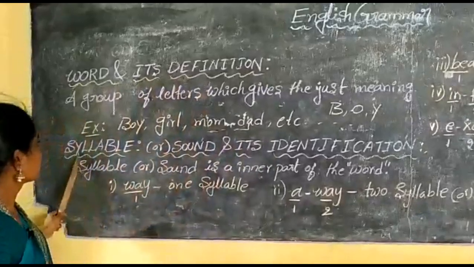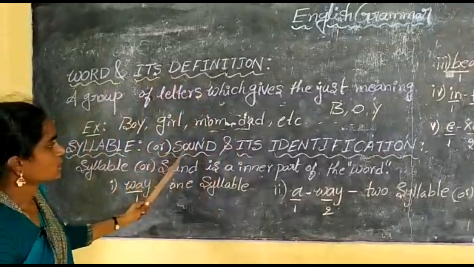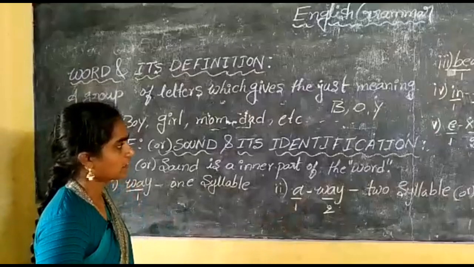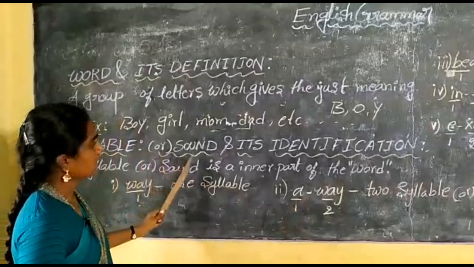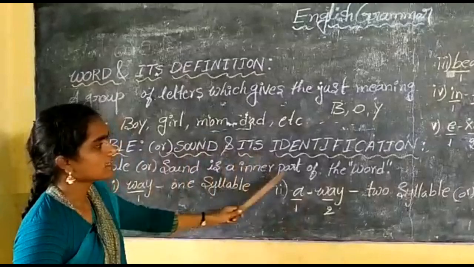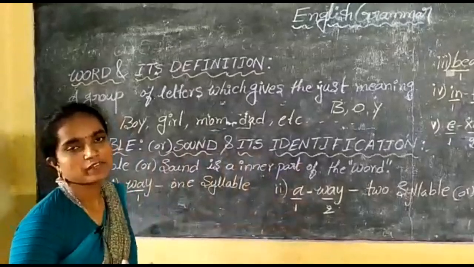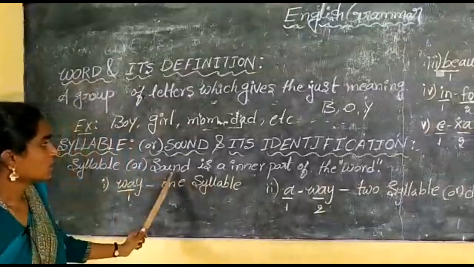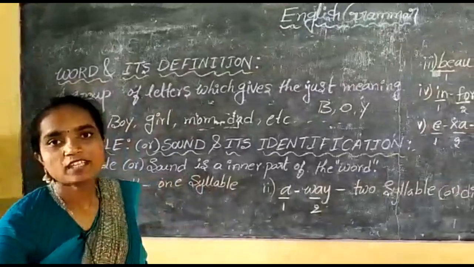And finally, syllable or sound, and its identification. How to identify a syllable? A syllable or sound is an inner part of the word.